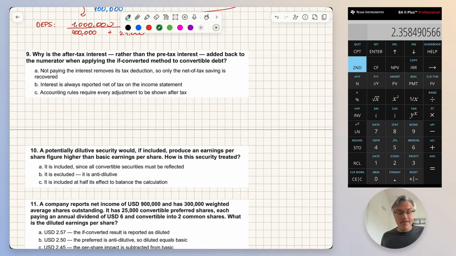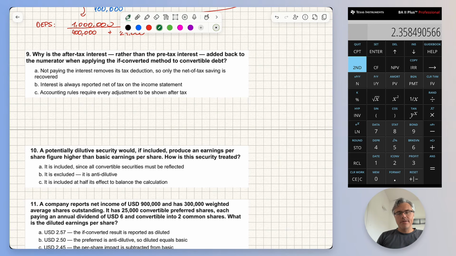Why is the after-tax interest rather than the pre-tax interest added back to the numerator when applying the if-converted method to convertible debt? Well, hopefully I've said this enough times for you to now be comfortable with the answer. It's because interest, on the one hand, is an expense, but it also provides a bit of relief when it comes to taxation.